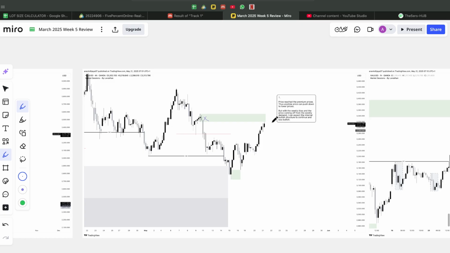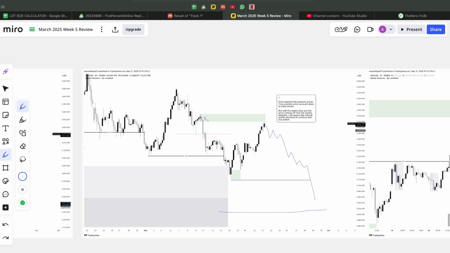So two things can happen in the supply. Price can either flip the supply and continue pushing up because the price is coming off from the weekly demand, or the price can chalk bearish, and then it can push further down and continue the 4-hour bearish swing structure to make a deeper mitigation into the weekly supply or the daily supply.